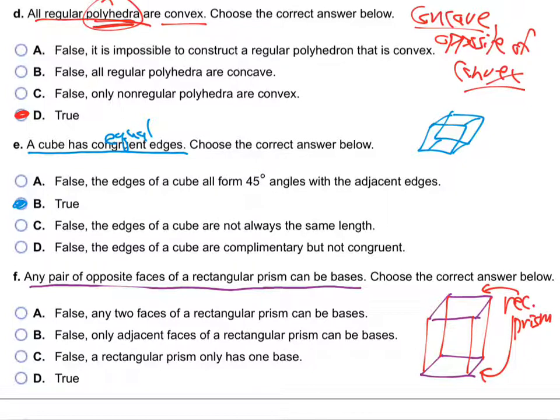The purple top and the purple bottom are rectangles, so it's a rectangular prism. But notice you could switch that. You could say this is now the top and this is the bottom, and it's still a rectangular prism, isn't it? So yeah, any pair of opposite sides can be the bases. It's true. Kind of interesting.